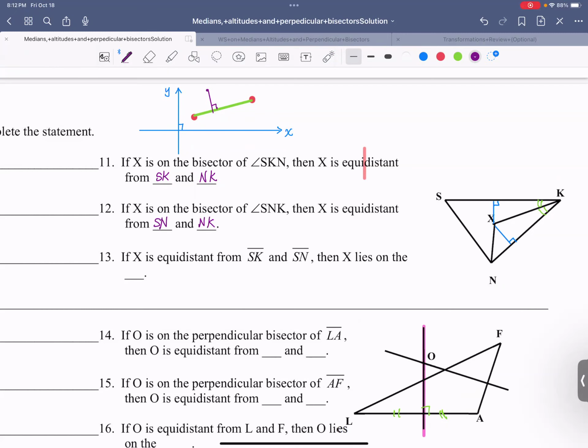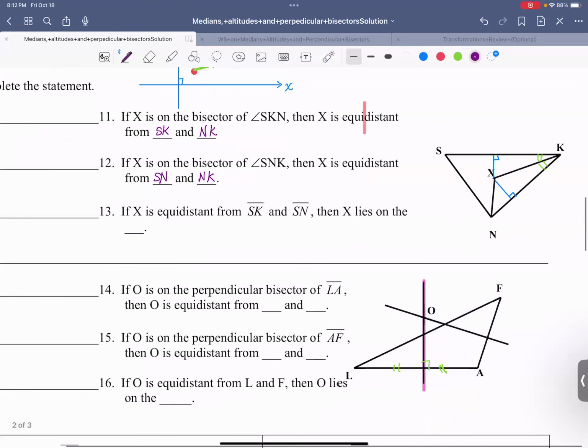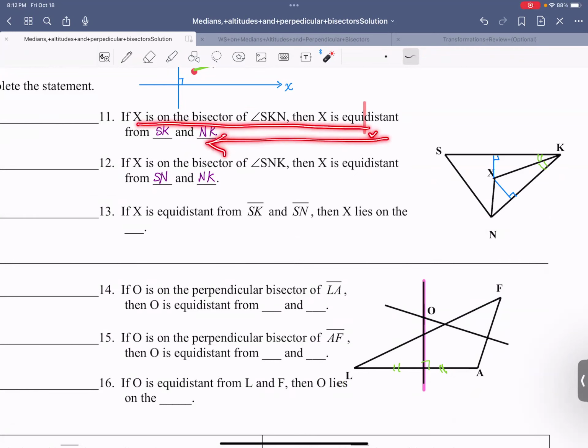Makes sense now? Now, you can see this direction. You can see the other direction. Do the converse. Look at here. If X is equidistant from SK and SN, if this is equidistant, then this X is on what?